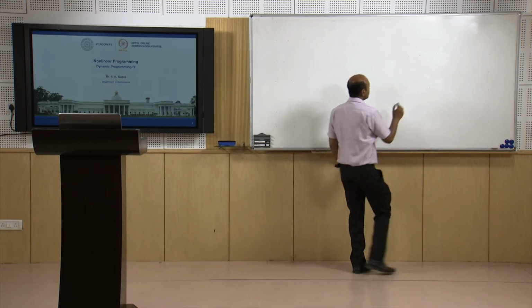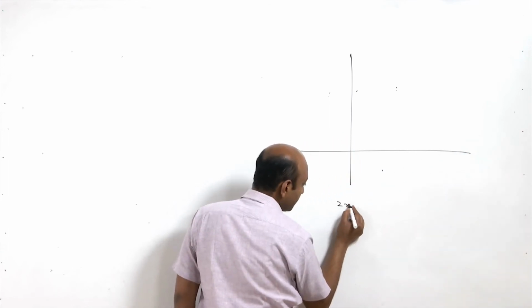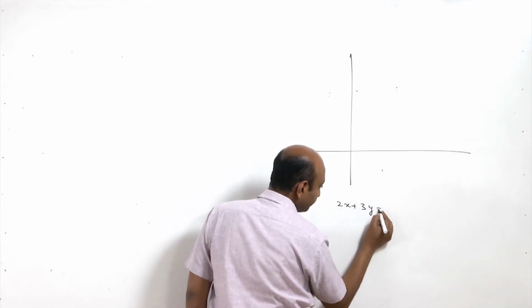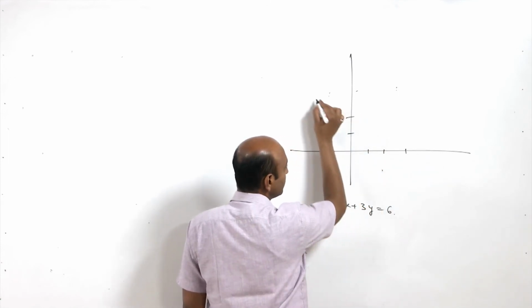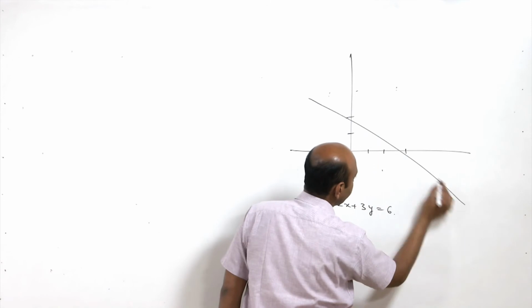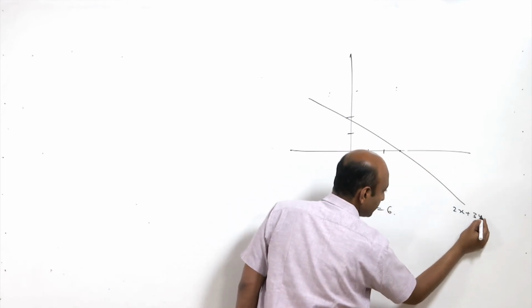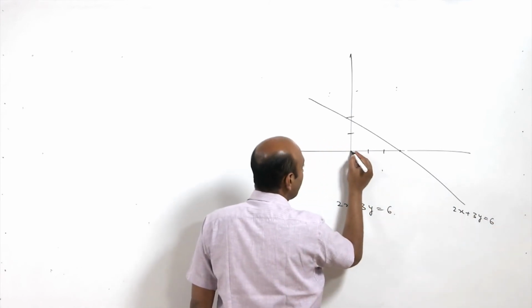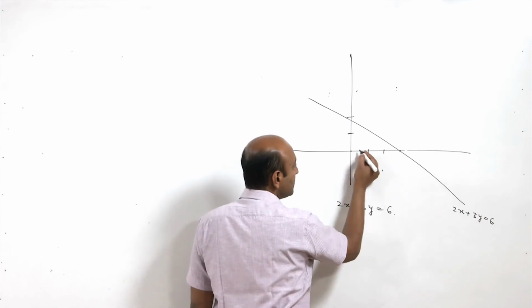So, what is the straight line? The straight line is 2x plus 3y equal to 6, with intercepts 3 on the x-axis and 2 on the y-axis. So, we have to find a point on this straight line which is nearest to the origin.